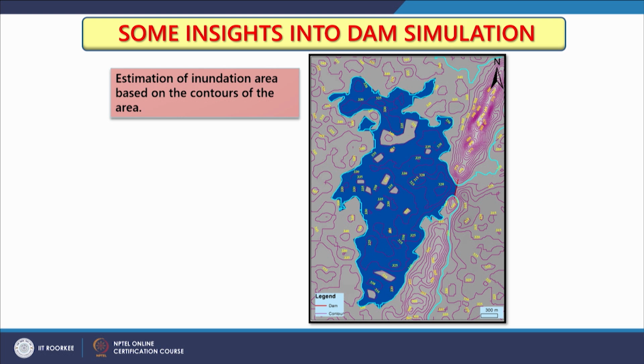Further, once you have decided, you can also bring in the revenue records, the land records, and immediately you would know whose land, how much of it, will be submerged, and accordingly compensation can be given to the farmers or locals whose land is going to be submerged in this reservoir.